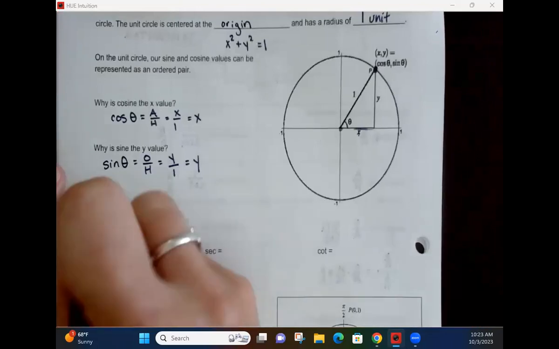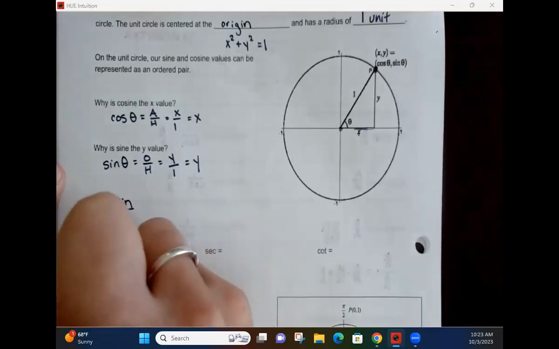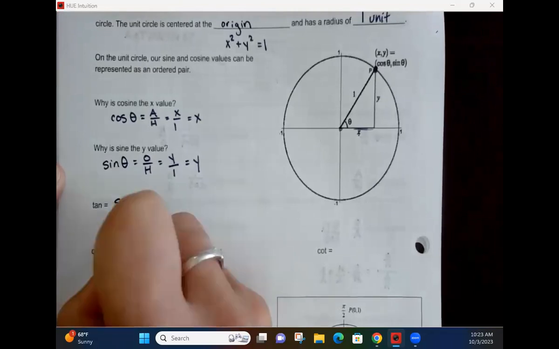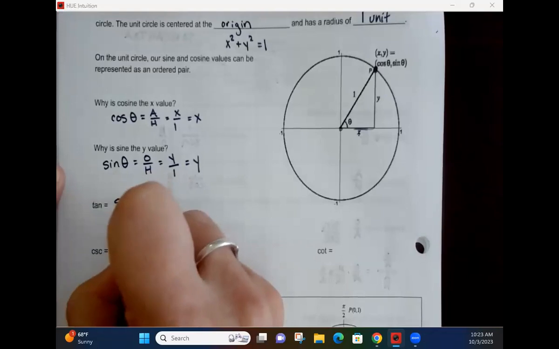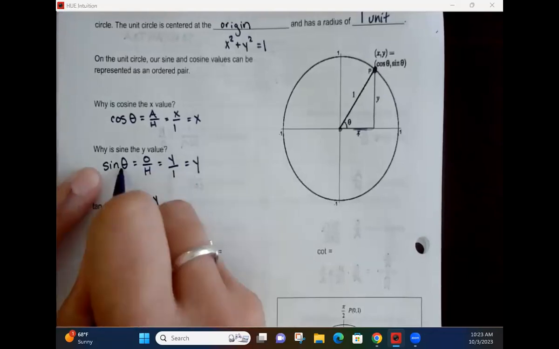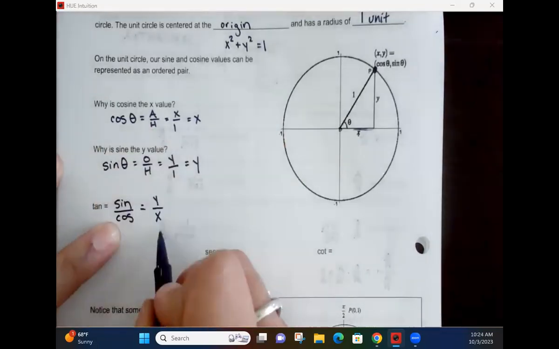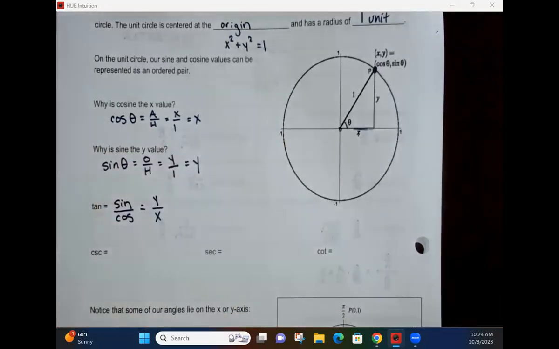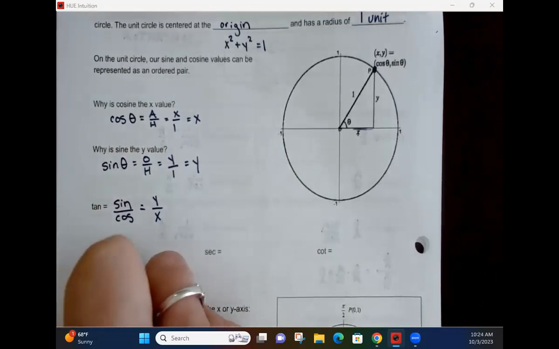Tangent, then, we know we can describe as sine over cosine. This will still be a ratio of y over x. Since sine is our y value, cosine is our x value, it would be the ratio of y over x, the y coordinate over the x coordinate. Cosecant is the reciprocal of sine.